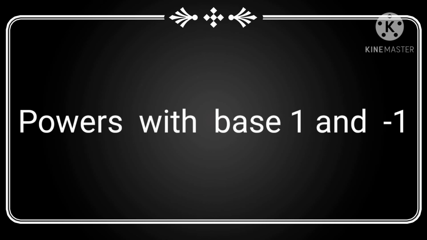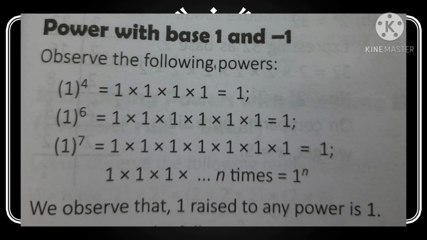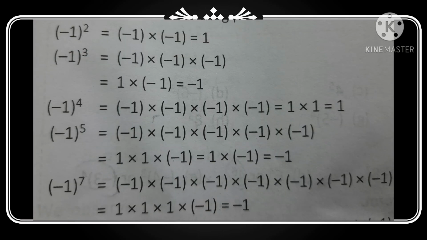Now let us check the rules for powers with bases 1 and minus 1. With these examples, we observe that 1 raised to any power is equal to 1 itself. Now check in this slide, minus 1 to the power 2 is equal to plus 1, minus 1 to the power 3 is equal to minus 1, minus 1 to the power 4 is equal to plus 1, minus 1 to the power 5 is equal to minus 1.